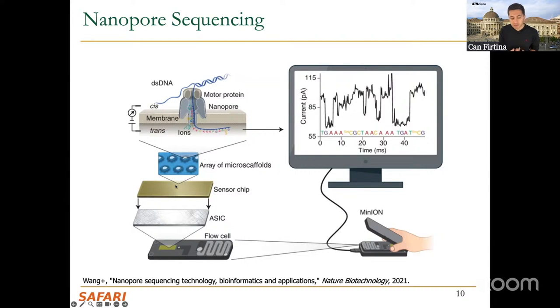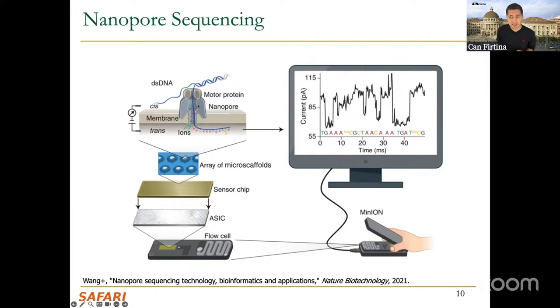This means that we are sequencing many copies of DNA, usually different copies, in parallel at the same time. And if you look more closely at a single pore, what you're going to see is potentially a three-layer solution. We have a top layer, a membrane, and also a bottom layer.